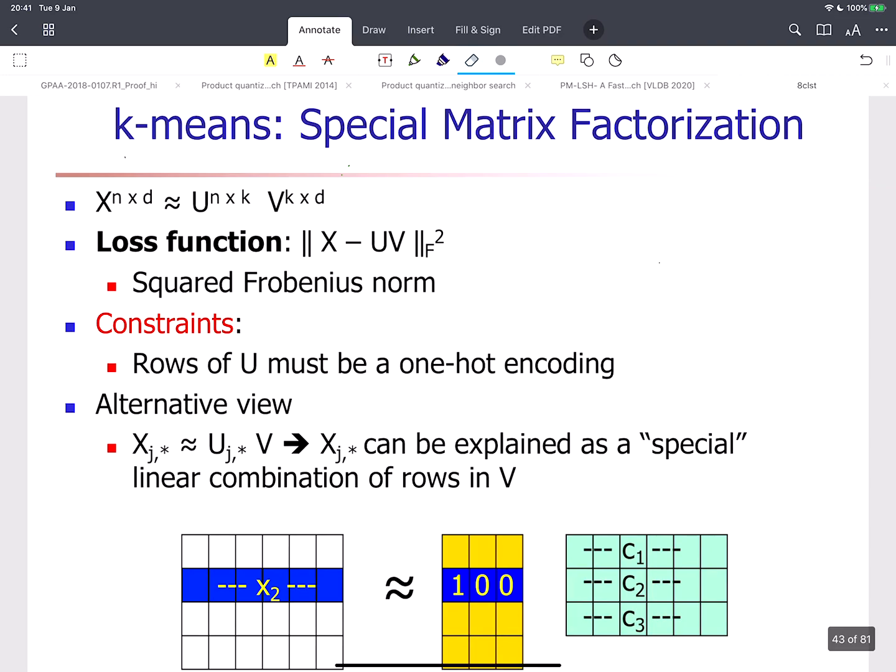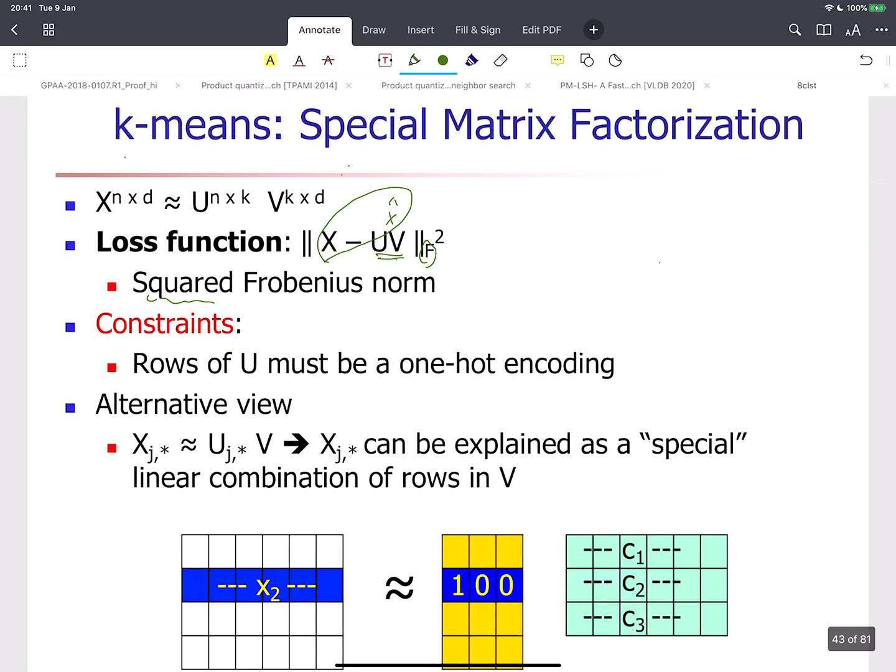A common way to measure the difference between X and our X hat is to take some kind of norm. For matrices, a very widely used norm is called the Frobenius norm, and we take it to the square, which is easier to deal with.